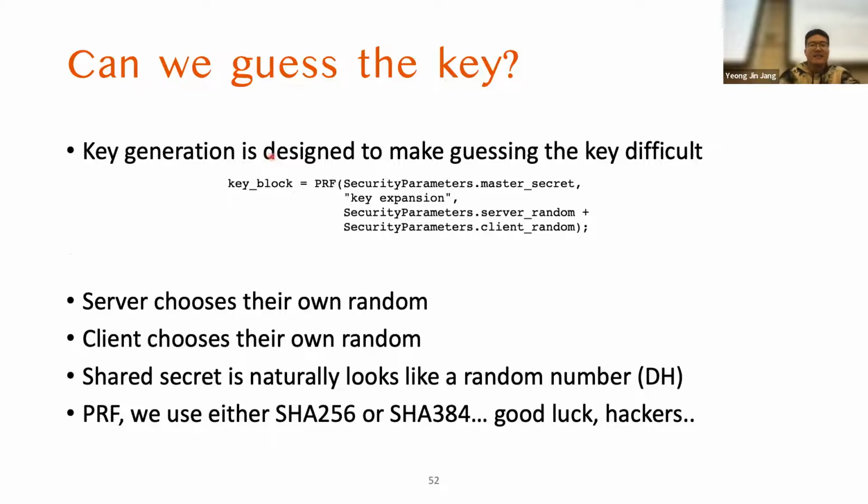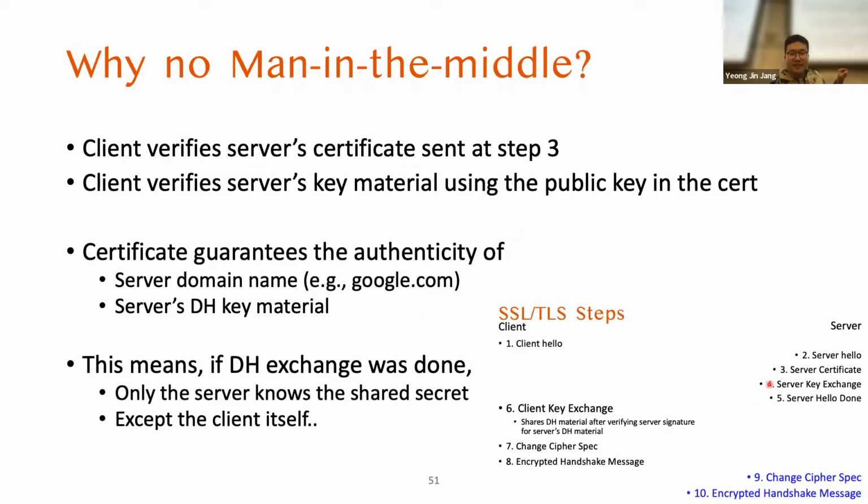Another thing is, could any middleman guess the key? All the exchanged messages are public. They are not encrypted before sending the change cipher spec on each end. So messages 1 to 7 are not encrypted at all, and any middleman can see them.